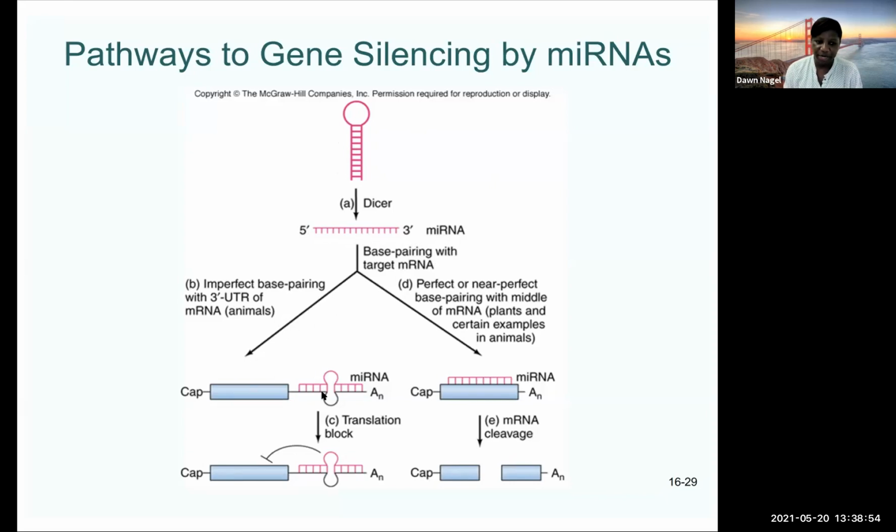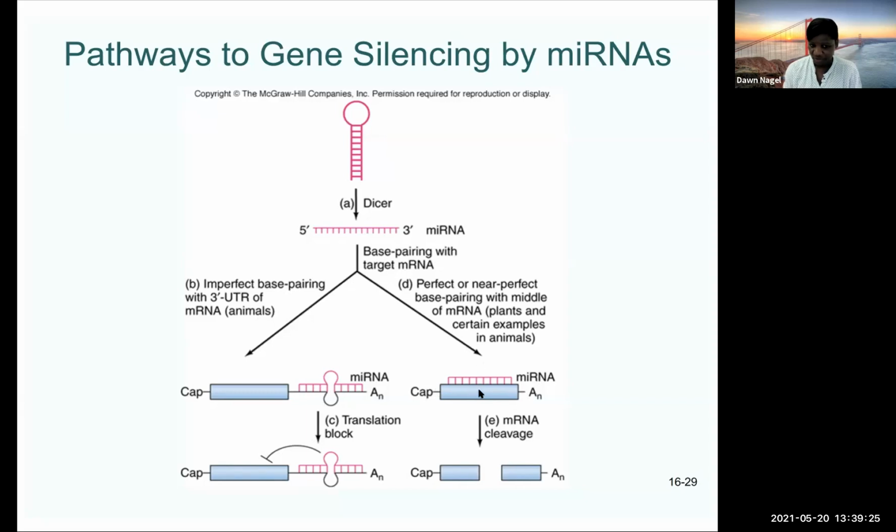Depending on where they bind, you will have different outcomes, and also depending on the organism you're looking at, right? So it will base pair in this 3' UTR region in animal cells. When it base pairs here, it blocks translation of this mRNA. In the case of plants and also in some animals, the microRNA will actually base pair within the coding sequence or the expressed region of the gene.